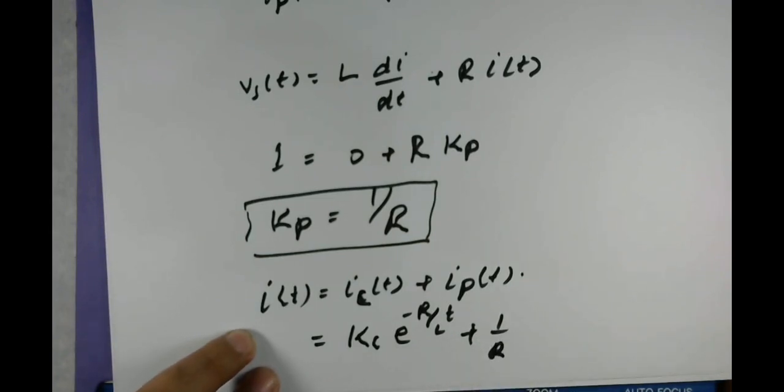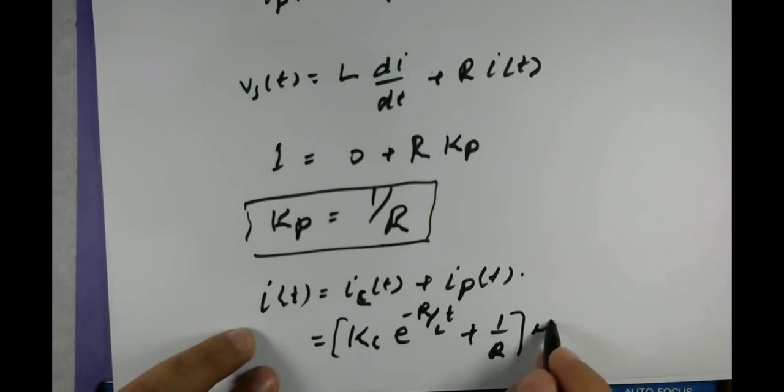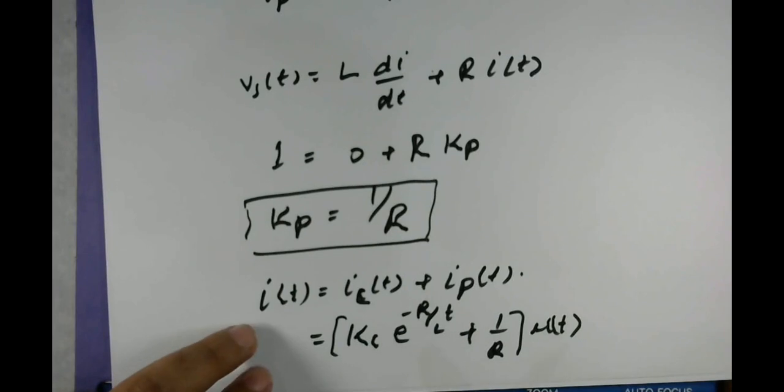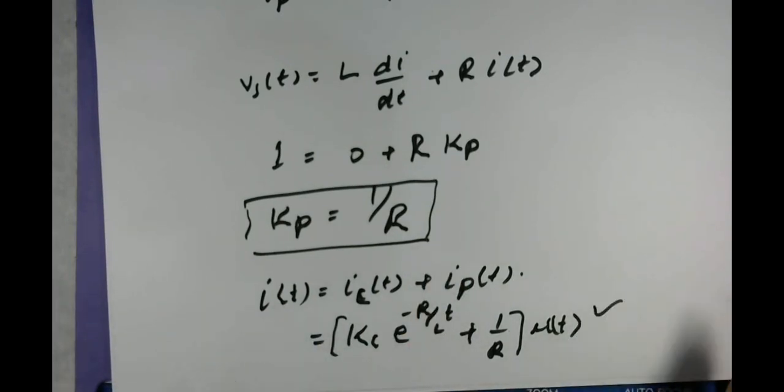Okay, so this is your final answer, and you can multiply it with u of t. Why do we multiply it with u of t? Because we are taking just a positive value, that is, we are starting from 0 to infinity. Okay, so this is your solution, and these were the different steps we followed.